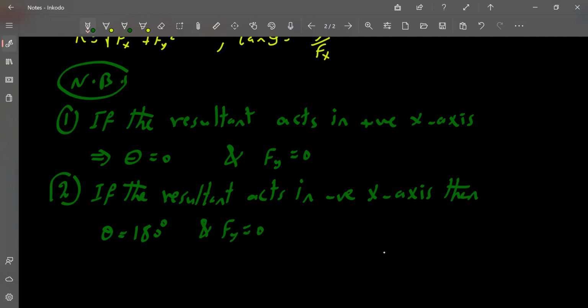In the two cases, the resultant equals Fx, but here the resultant equals the absolute value of Fx, because in this case Fx will be negative.